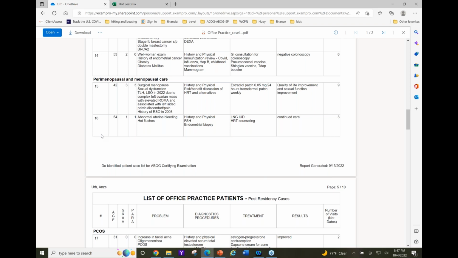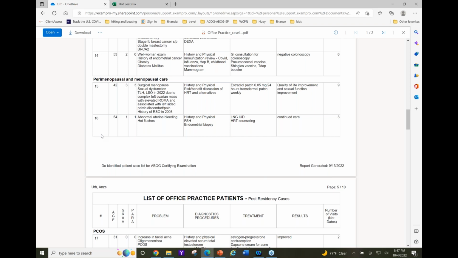We discussed the increased risk of thrombosis, DVT, and stroke that is rare, on the order of 5 to 8 per 10,000, with significant benefit to her quality of life. Given that she has a uterus in place, if she had the Mirena IUD, we wouldn't have to place her on any oral progesterone, and that would be a benefit as well.